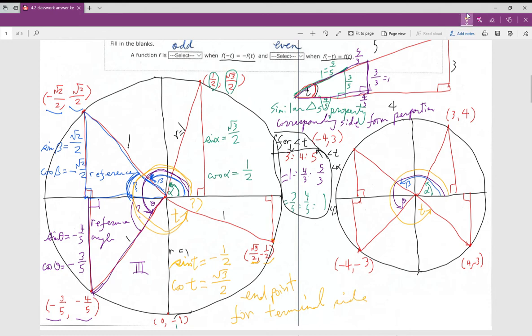Okay, so let me circle it for you. This is how you find your trigonometry value.